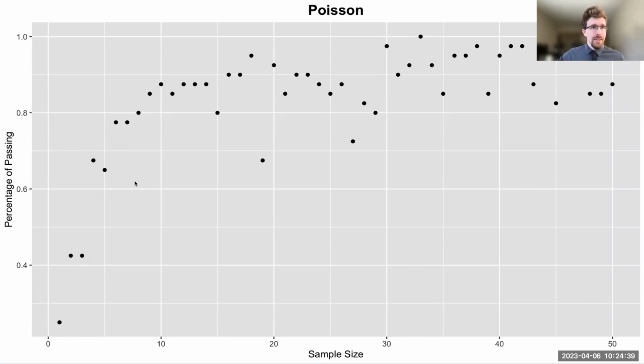Now, what seemed to us once we plotted this was that there's some kind of nonlinear relationship here. We did some nonlinear regression and found that the log logistic model performed quite well.